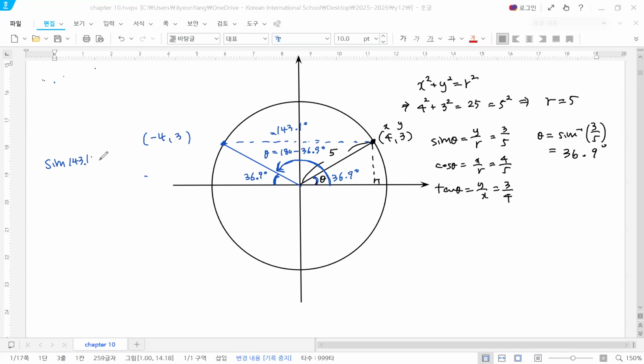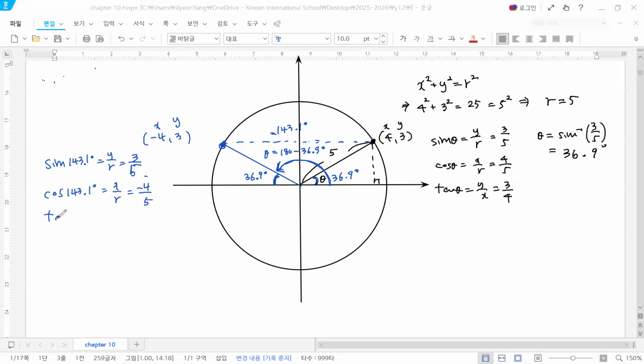Then by using the definition, sine 143.1 degrees equals y over r. Since x is negative 4 and the y coordinate is 3, it is 3 over 5, because this coordinate is still on the circle, so the radius is still 5. Cosine 143.1 degrees equals x over r. Since the x coordinate is -4, it is -4 over 5.